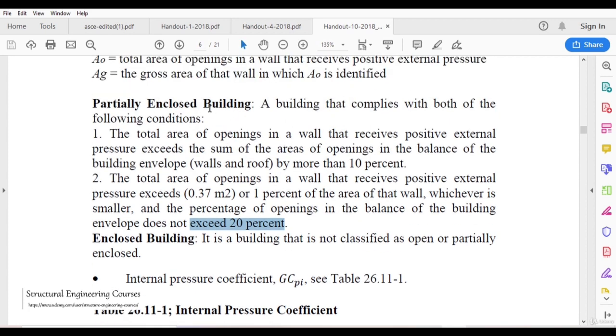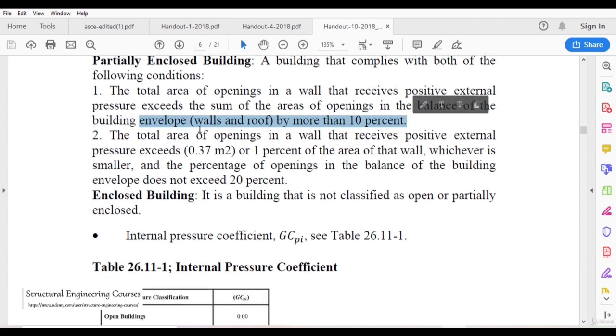So a building that complies with both of the following conditions: the total area of openings in a wall that receives positive external pressure exceeds the sum of the areas of the openings in the balance of the building envelope by more than 10%, and the total area of openings in that wall exceeds the smaller of the stated limits, and the percentage of openings in the balance of the building envelope does not exceed 20%.